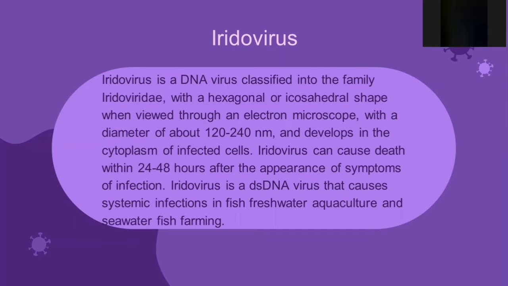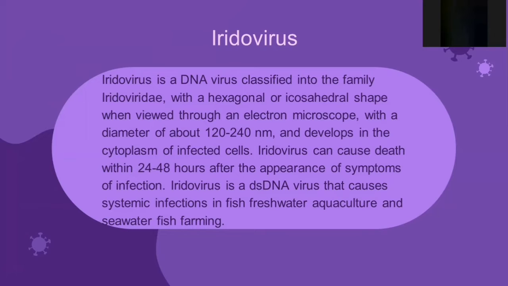Iridovirus. Iridovirus is a DNA virus classified into the family Iridoviridae with a hexagonal or icosahedral shape when viewed through an electron microscope, with a diameter of about 120 to 240 nm, and develops in the cytoplasm of infected cells.